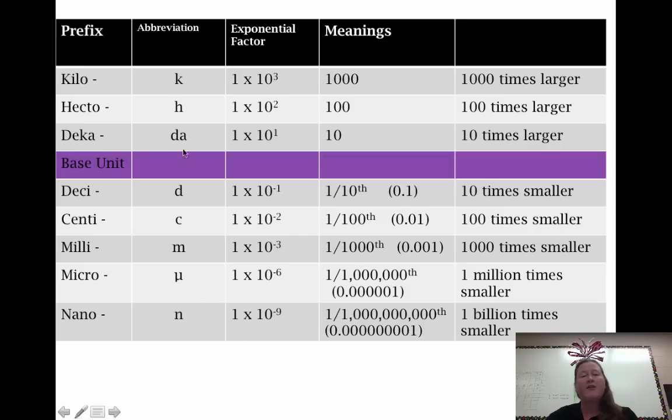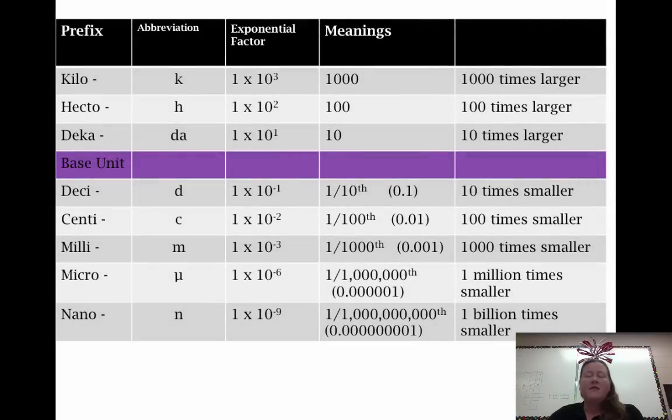So one thing I do want to point out, most of these abbreviations are pretty straightforward. This one right here is the Greek symbol mu, and it's kind of got a little tail on it. It looks like a U, and it has a little tail on it, and that's the symbol for micro.